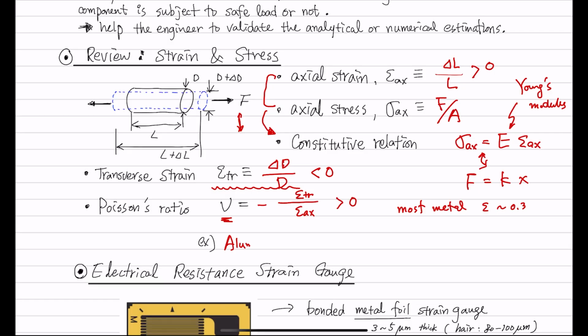Let's say aluminum rod got longer by 1%. Then the thickness changes how much? Anyone? 0.3%. Yes.